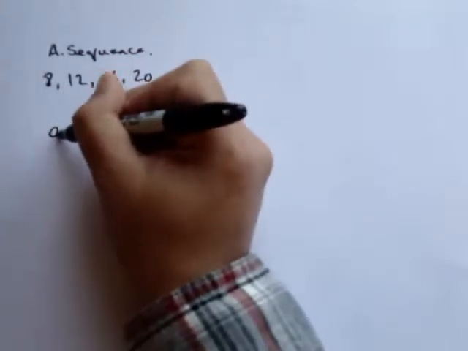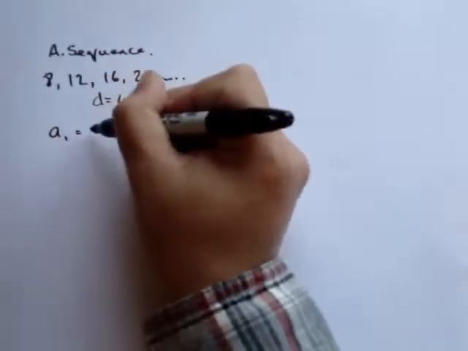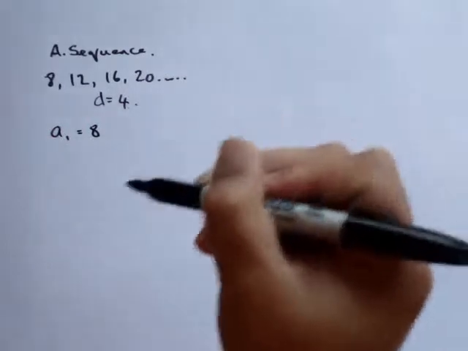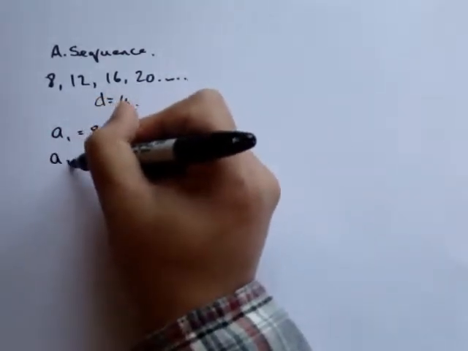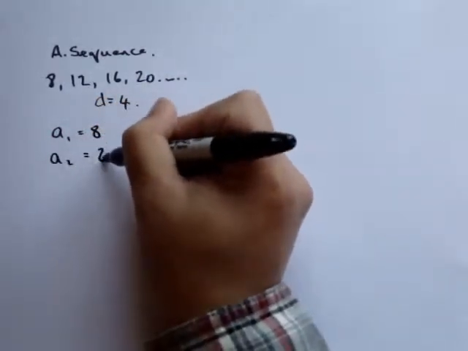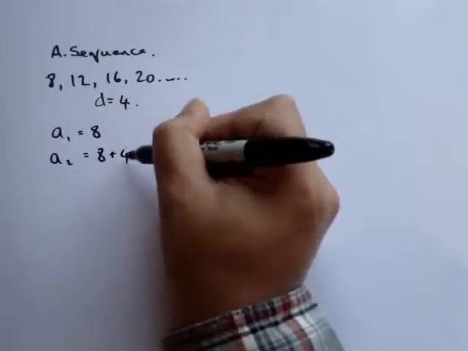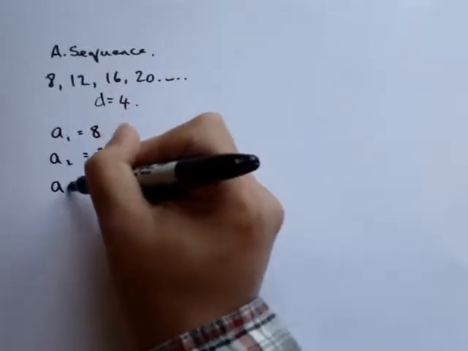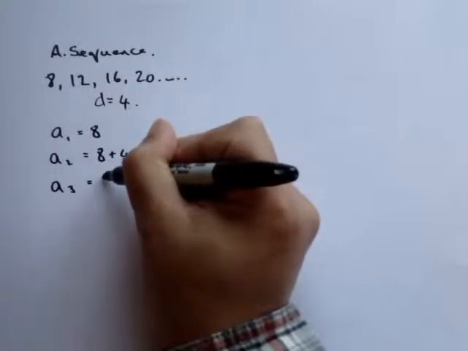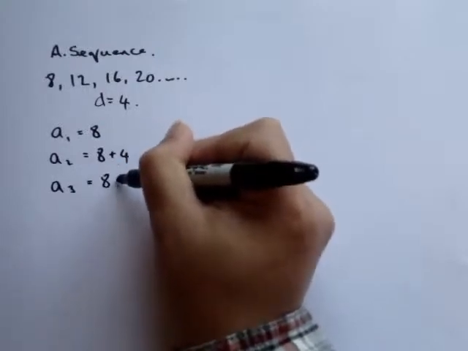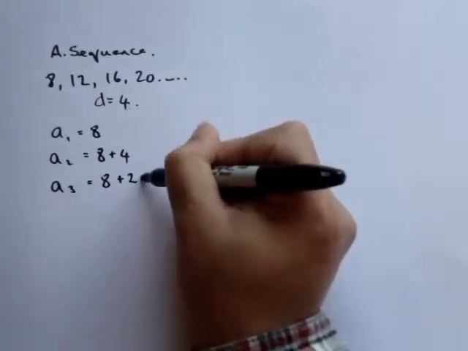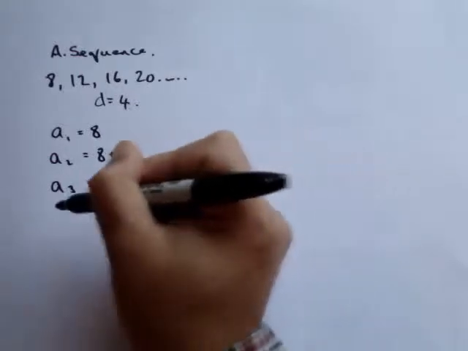A sub 1, which is the first term, is 8. A sub 2, which is the second term, is 8 plus 4. A sub 3 is 8 plus 2 times 4.